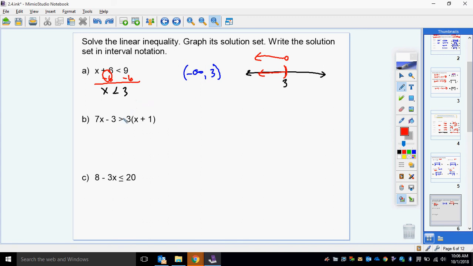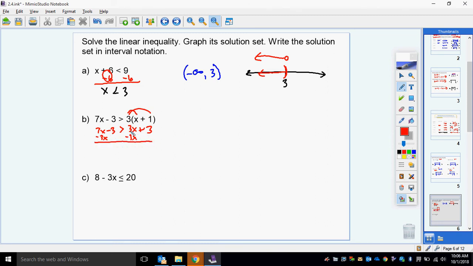This one, I again have to solve for x, so I'm going to first distribute my 3. Oops, 3x plus 3. Drop down my symbol and my 7x minus 3. Now I'm going to solve by subtracting 3x.